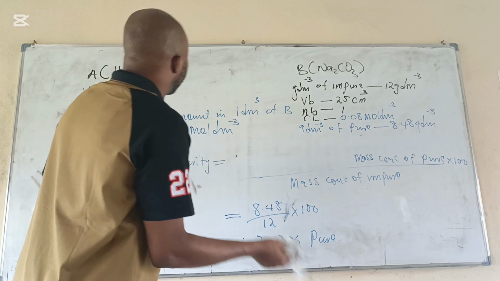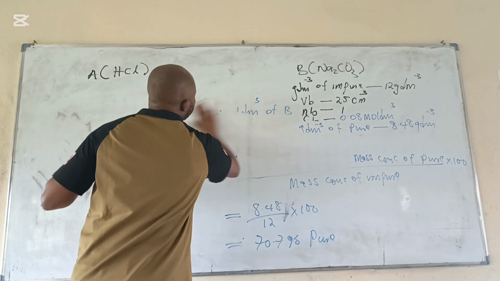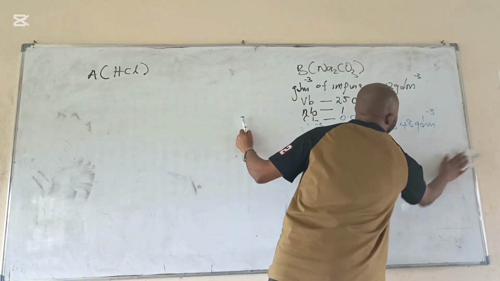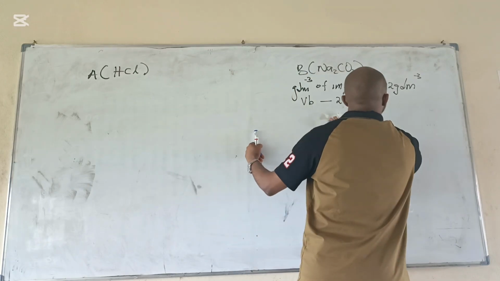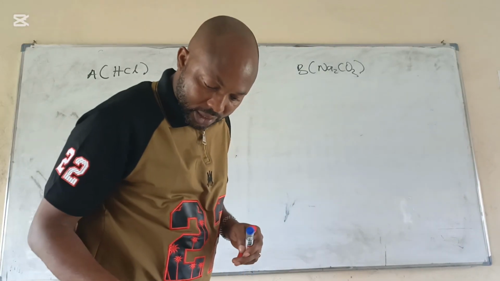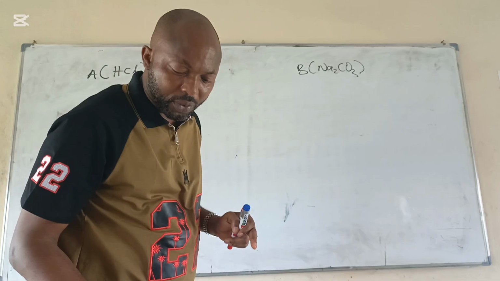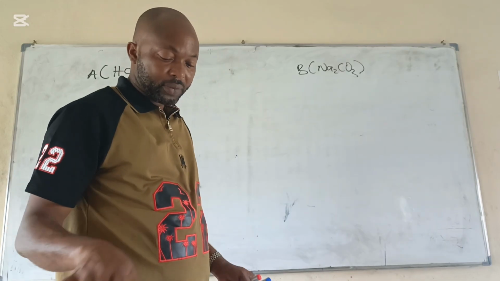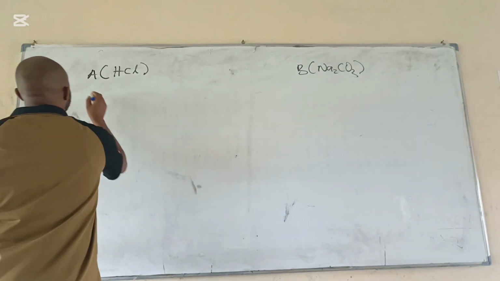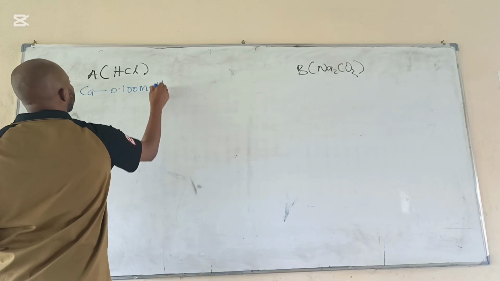So let me clean the board and list out again. All right. The acid is HCl, the base is sodium carbonate. Now let's take the given. CA is 0.100 mole per dm cube.